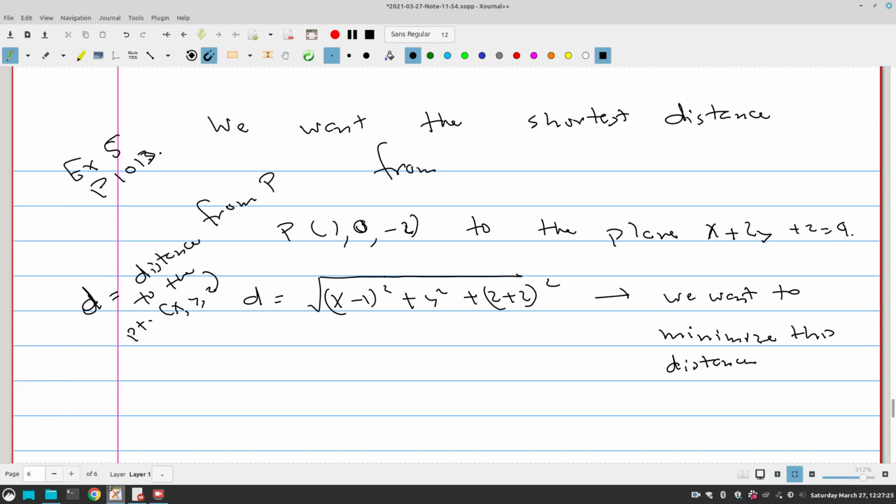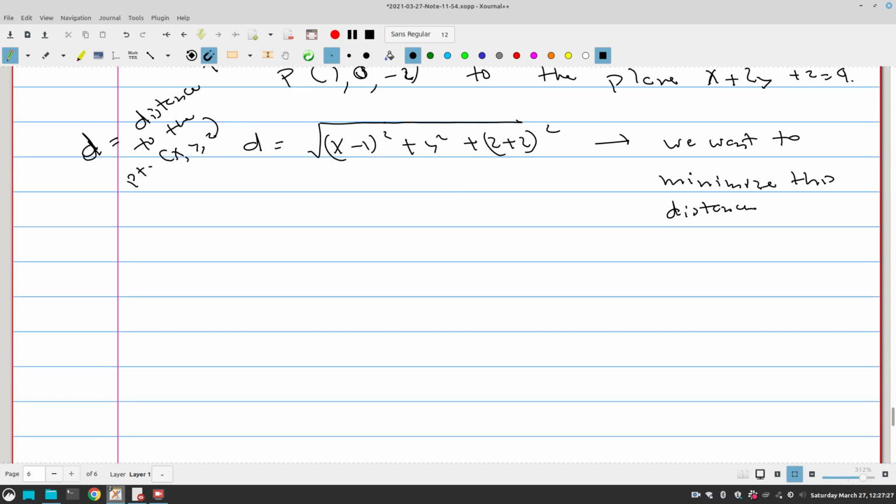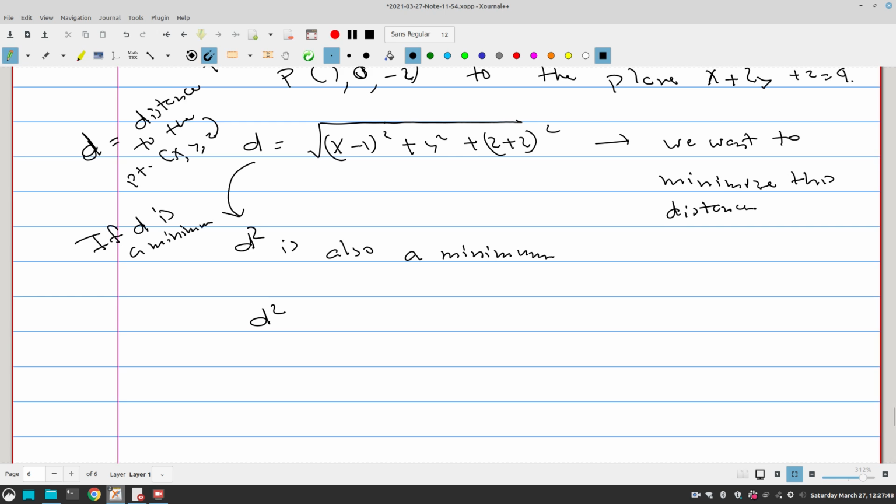Now, if D is a minimum, then D squared is also a minimum, right? Why do we want to work with D squared? It's because we have a square root, and square roots are annoying. We want to get rid of square roots.